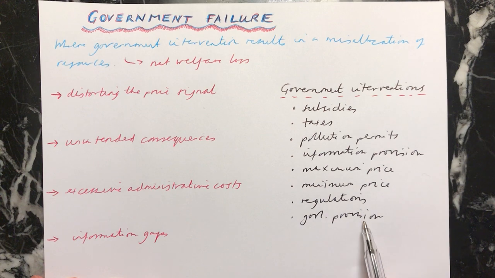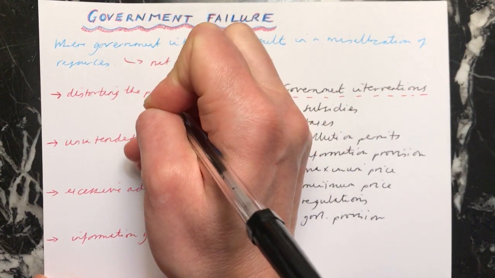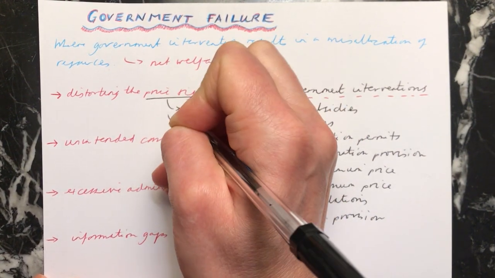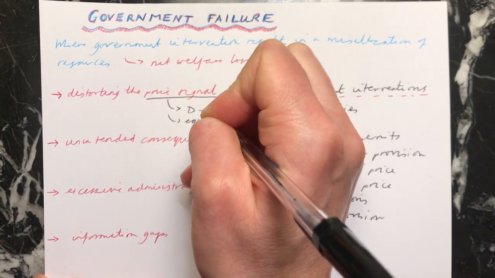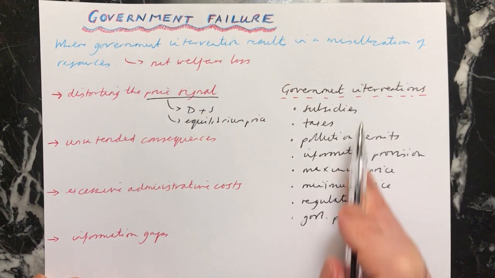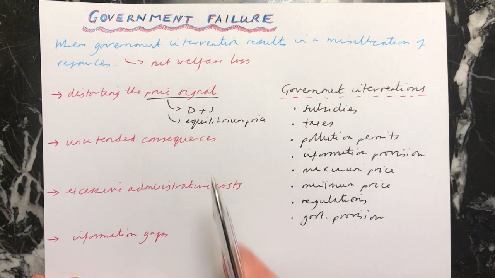And regulations and government provision could also affect the price of the product. So remember that the price signal is to do with the interaction of demand and supply, and this gives us our equilibrium price. But government interventions can distort this. So this is our first problem and the first reason we might have government failure.